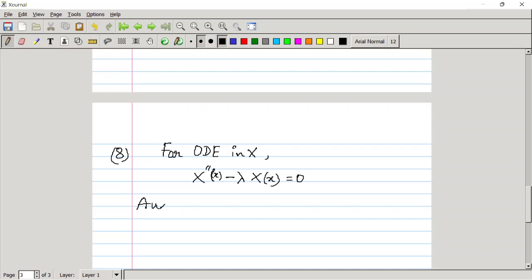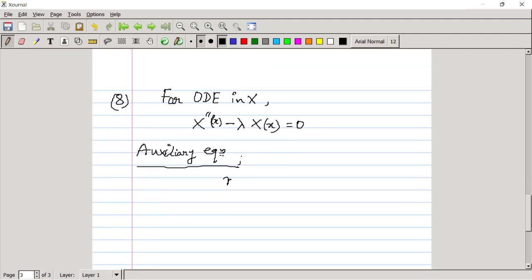So put X equal to e power mx, then solve. The auxiliary equation is m square minus lambda equal to 0, right? M square equal to lambda, right? You know up to this.